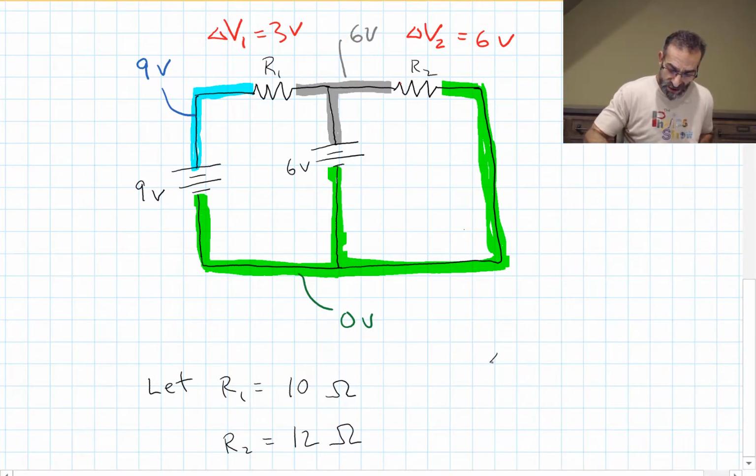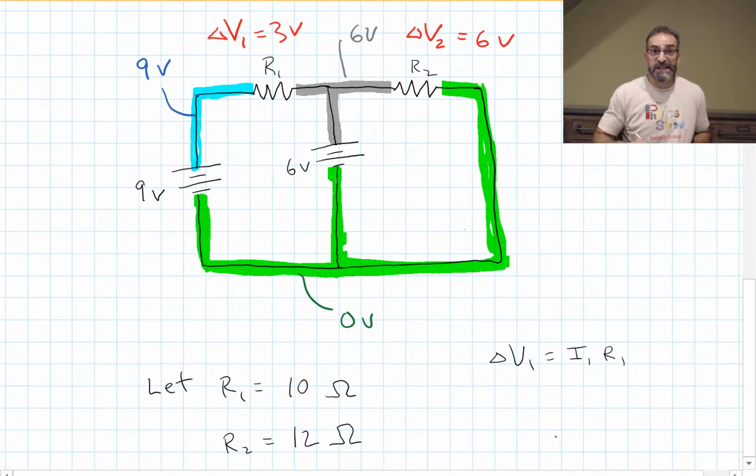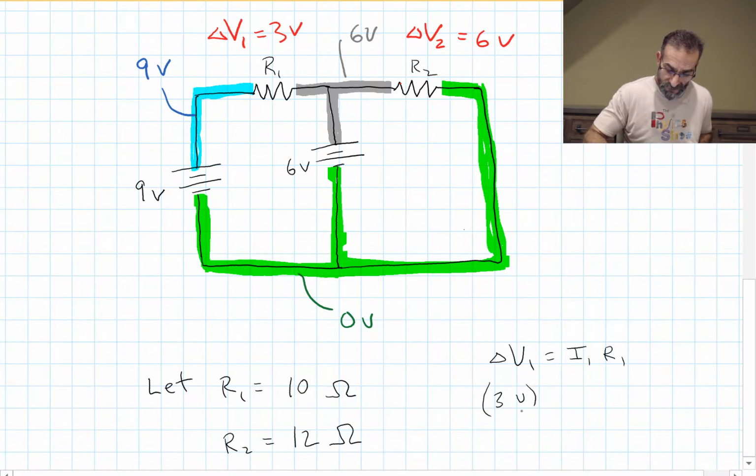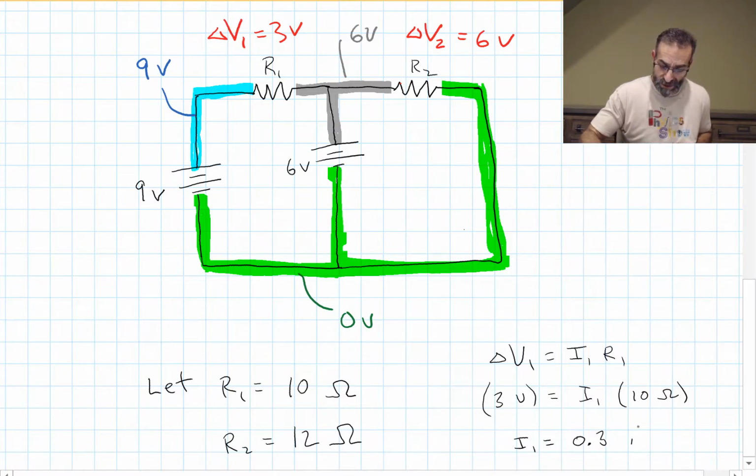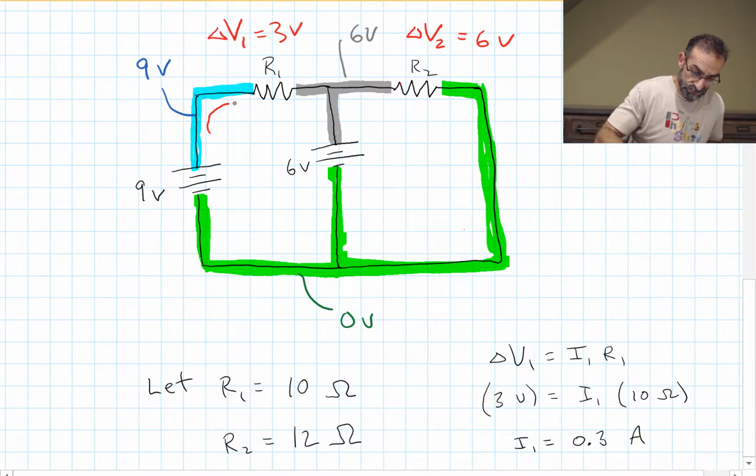The potential difference across resistor 1 is equal to the current in resistor 1 times its resistance. We know the delta V, and we know the resistance. The current through resistor 1 has to be 0.3 amps.